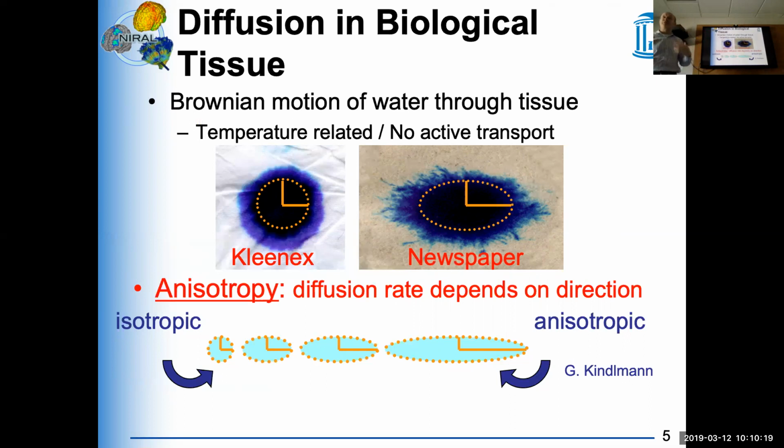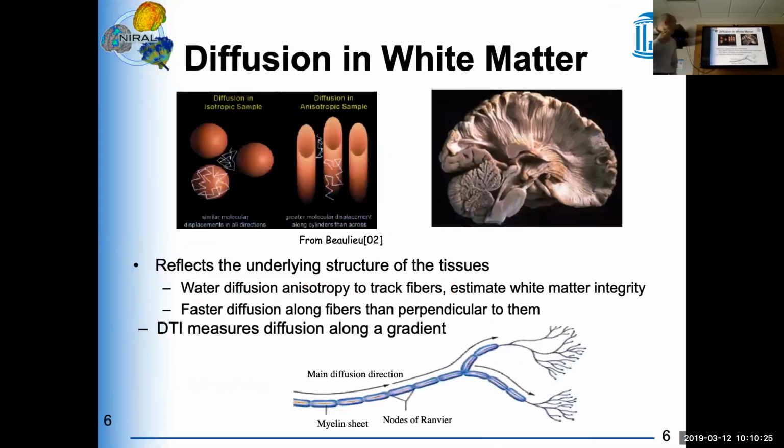So what is that preferred direction of diffusion in the brain? If we're in a place where there's unrestricted diffusion, such as in the CSF spaces, we would have something like isotropic diffusion, like this. If we are in the white matter, the diffusion is constrained, so it is restricted diffusion.